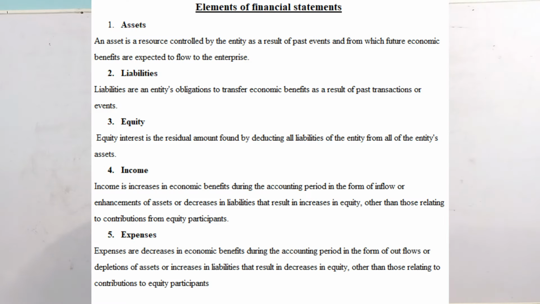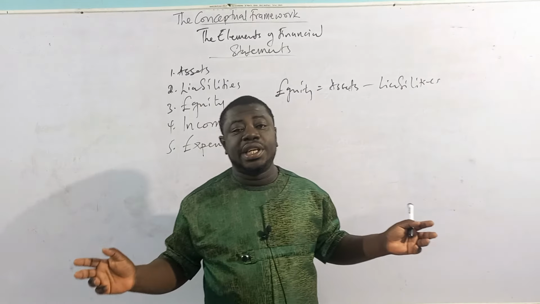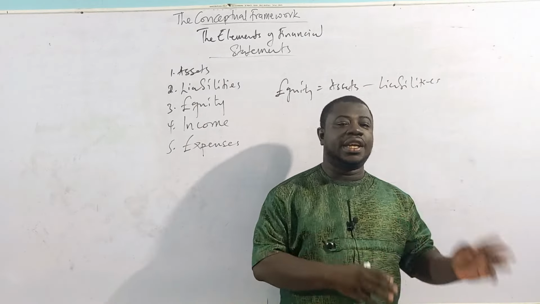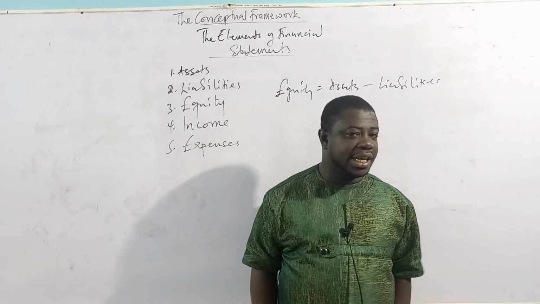That equity is a residual amount found by deducting all liabilities of an entity from all the assets of the entity. So that is simply the equity interest that is in a business. When all liabilities are taken from assets is equity, as simple as ABC.